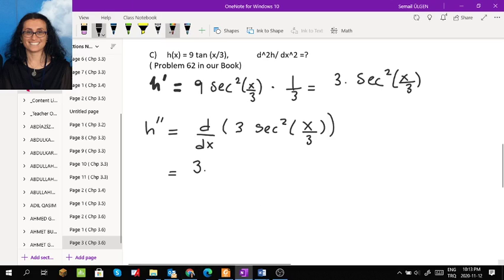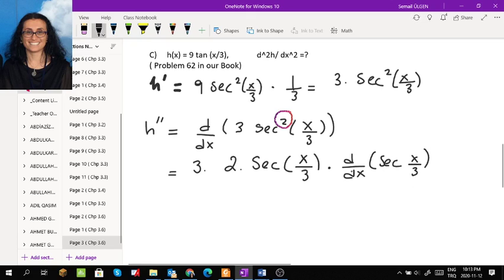This is the power, so let's circle this. We are going to use the power chain rule, and according to that we take the 2 out, secant, decrease the power by 1, x over 3, so we are going to do repeated chain rule as well, times the derivative of the inside function, the derivative of secant x over 3. So you see that we have a repeated chain rule.